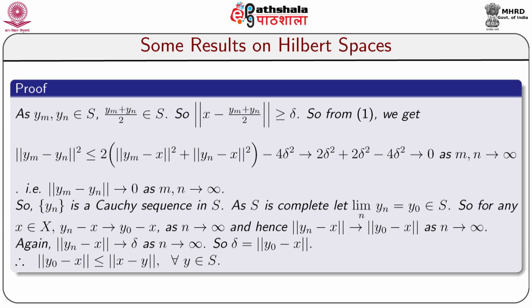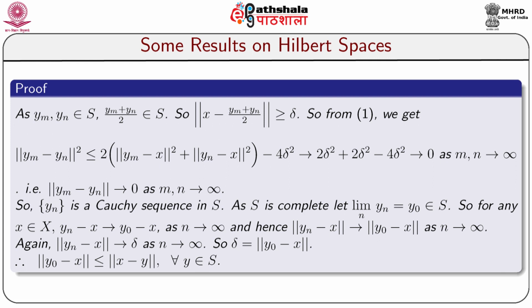So, from equation number 1 we get norm of ym minus yn square is less or equal to 2 times norm of ym minus x square plus norm of yn minus x square minus 4 delta square, which gives 2 delta square plus 2 delta square minus 4 delta square, and which goes to 0 as n, m tends to infinity. So, norm of ym minus yn tends to 0 as m, n tends to infinity. So, yn is a Cauchy sequence in capital S.